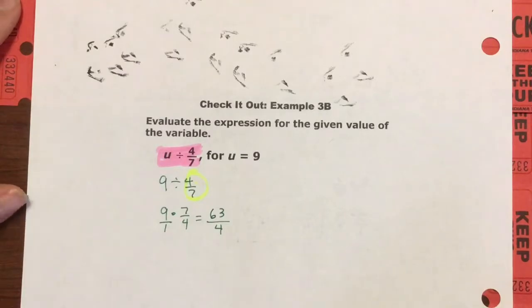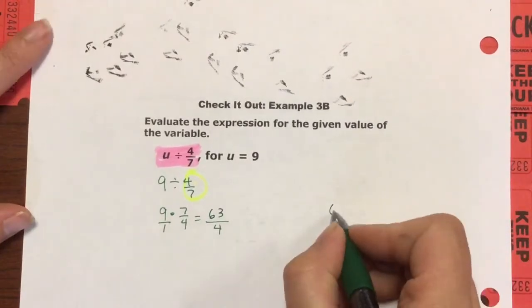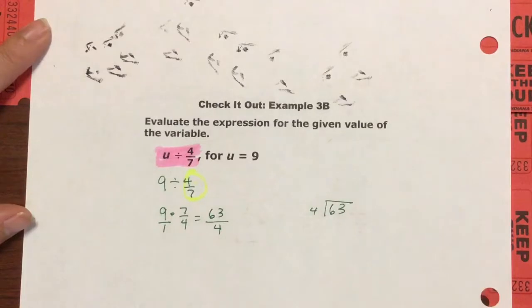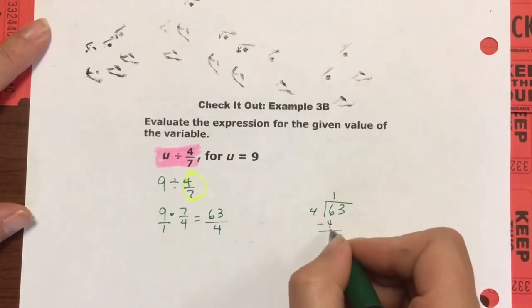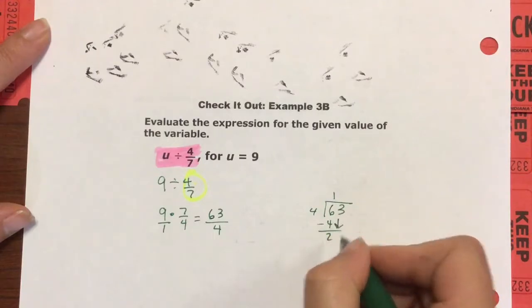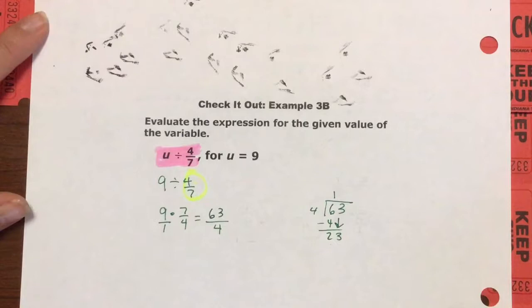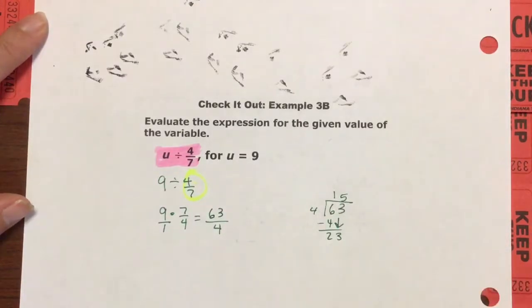How many times does 4 go into 63? My answer is a lot. I don't know how many, though. We've got to do the long division to figure it out. So 63 divided by 4. 4 goes into 6 one time. 1 times 4 is 4. 6 take away 4 is 2, and then we drop that 3 like it's hot. 4 goes into 23 5 times. 5 times 4 is 20.